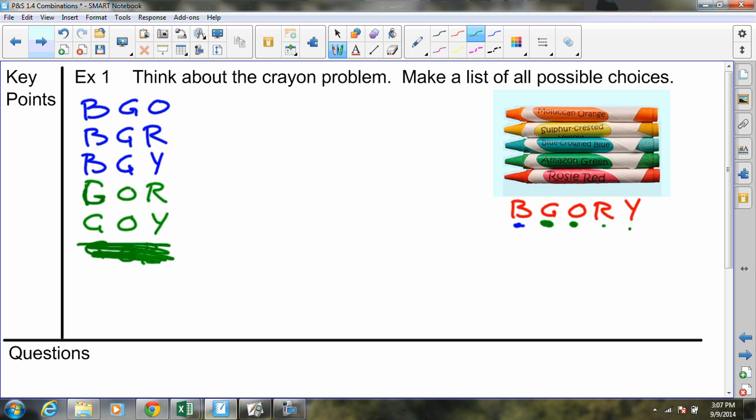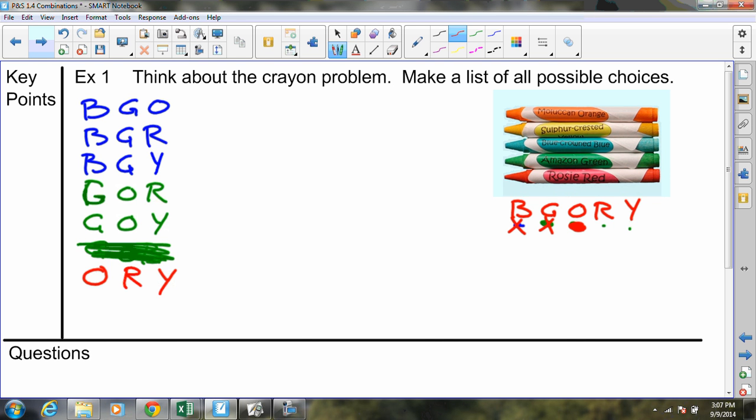Well, now that we've done all the blues, all the greens, we'll start with an orange. Orange, red, yellow. Could we do anything else? Like orange, red, green. Orange, red, green is here. Orange, red, blue.